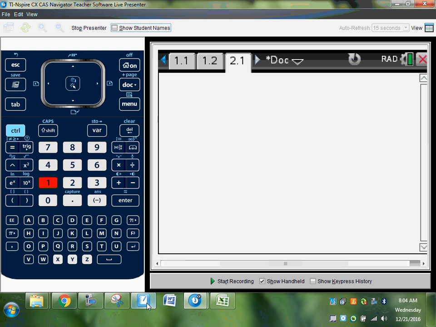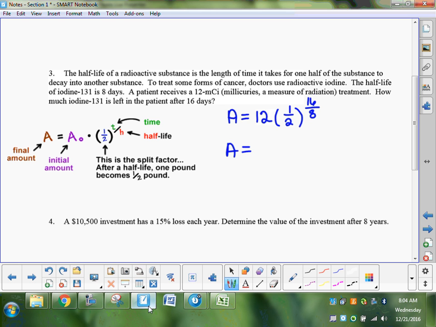So what amount would we have in there? There you go. The end amount that you would get is 3, and maybe we'll put units on it. So our end amount A is equal to 3 mCi, whatever that is.